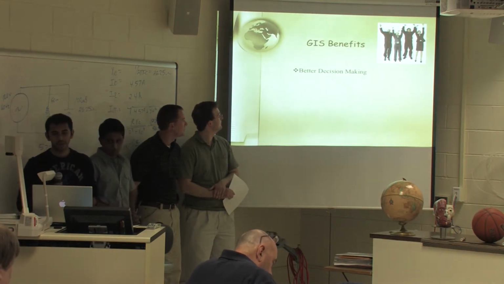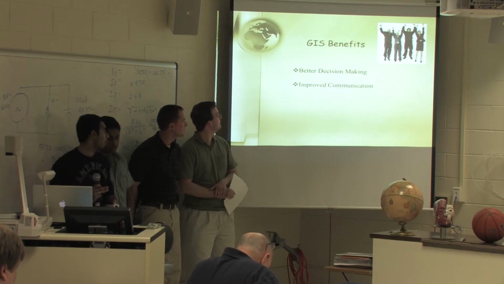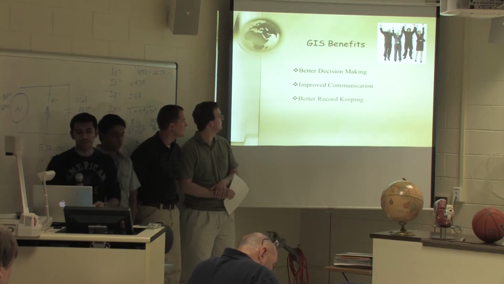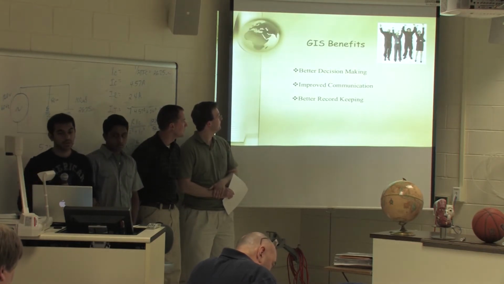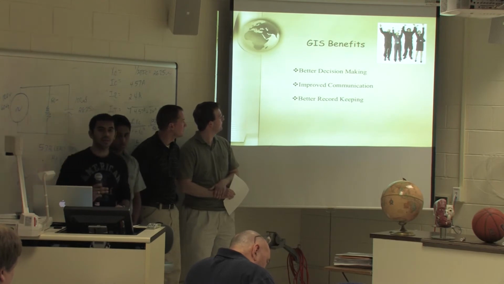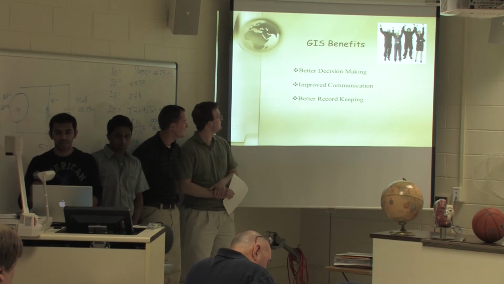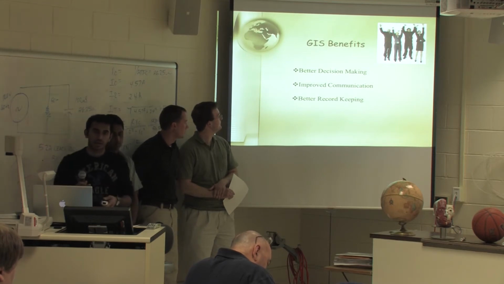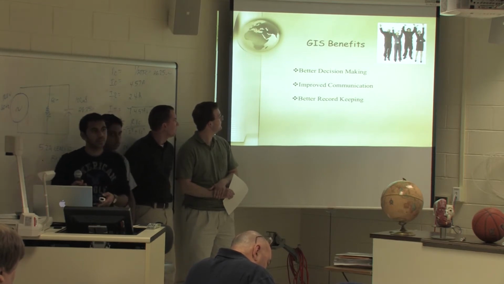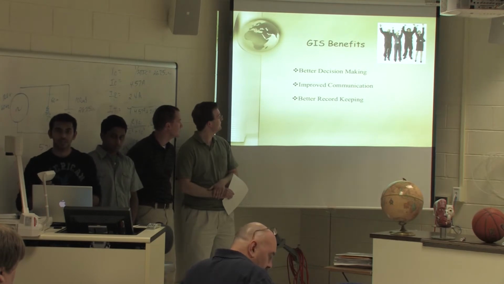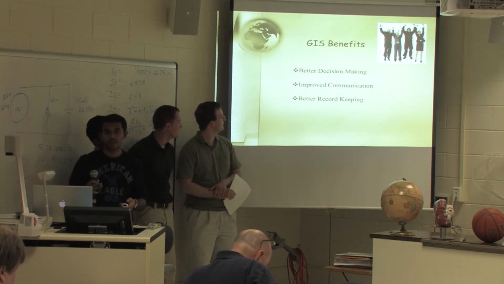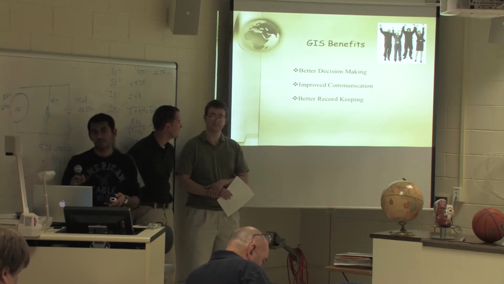The benefits of GIS, particularly for an organization, include better decision making. Here you can consider an example of real estate site location, and you can also talk about emergencies during the time of disasters. GIS helps you to calculate the emergency response time.